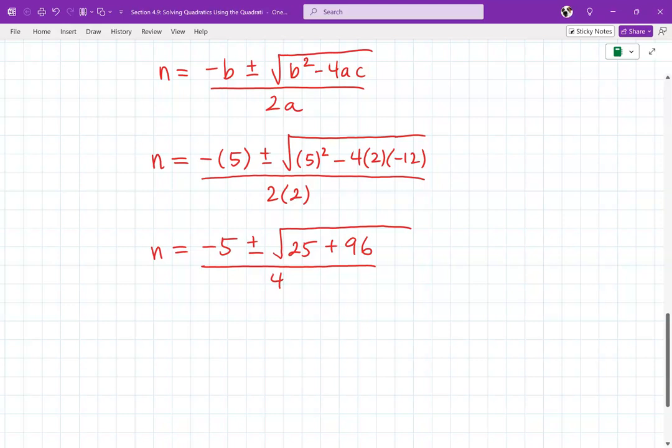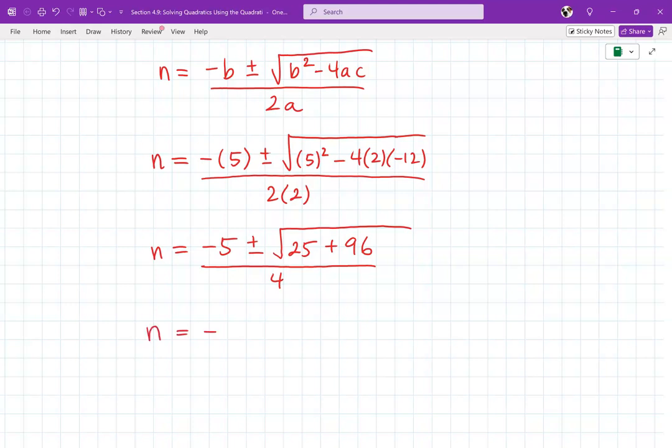All right, 25 plus 96. That's 121. Let me make sure I calculate that really quick correctly, just to make sure. So yeah, it'd be 96. So 96 plus 25, it's going to be 121.